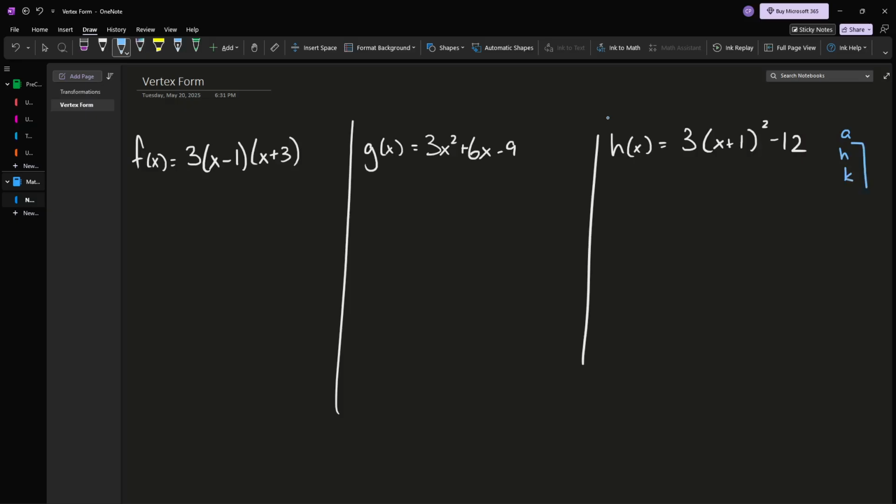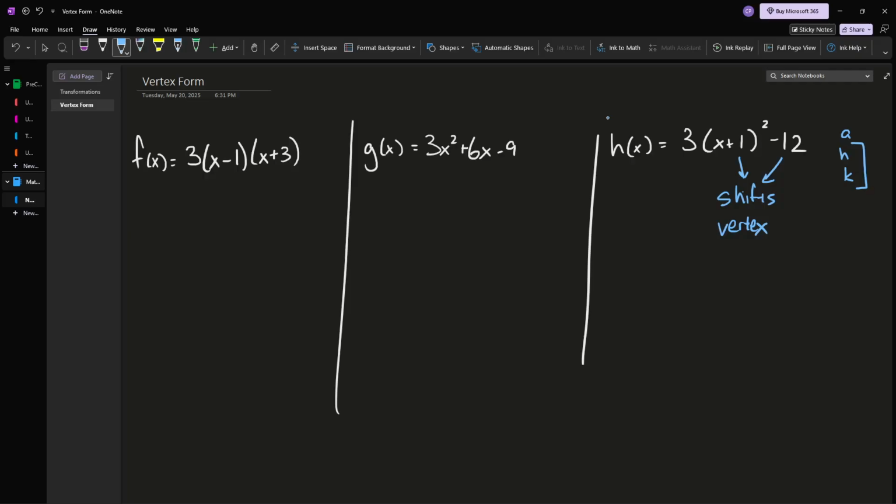So starting first with the h and k, with the -1 and -12, what this tells us are our shifts. And with the shifts, what it does shift when we've been graphing it is our starting point, like our point of reference. And for quadratics, that is our vertex. It shifts our vertex to wherever h and k are.